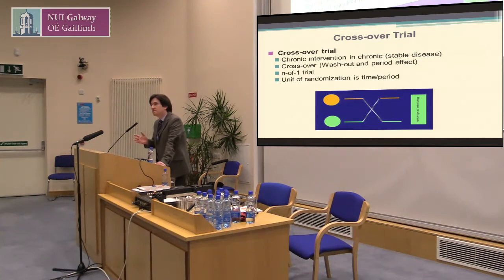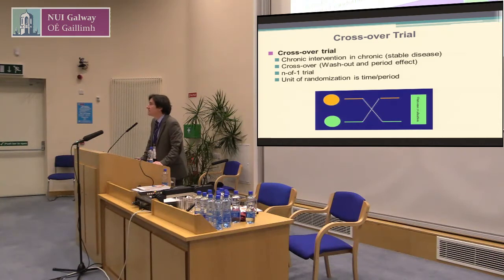So one group begins on a treatment, the other group begins on the control, and then they cross over. So those that got the control arm get the intervention, and those that got the intervention get the control. Again, you balance the groups very efficiently, so even if you've got small numbers, you have precise balance in confounders. The reason being it's the same group, because it's the comparison, it's the temporal difference.